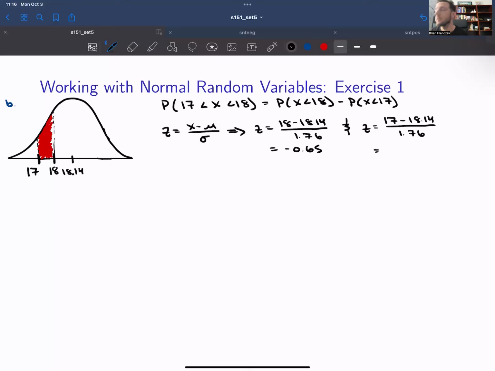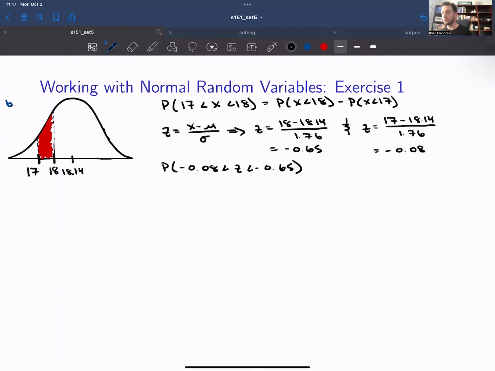This gives us negative 0.08. So now we have the probability negative 0.65 is less than z is less than negative 0.08. Sorry, I had the order mixed up, and this is a z.